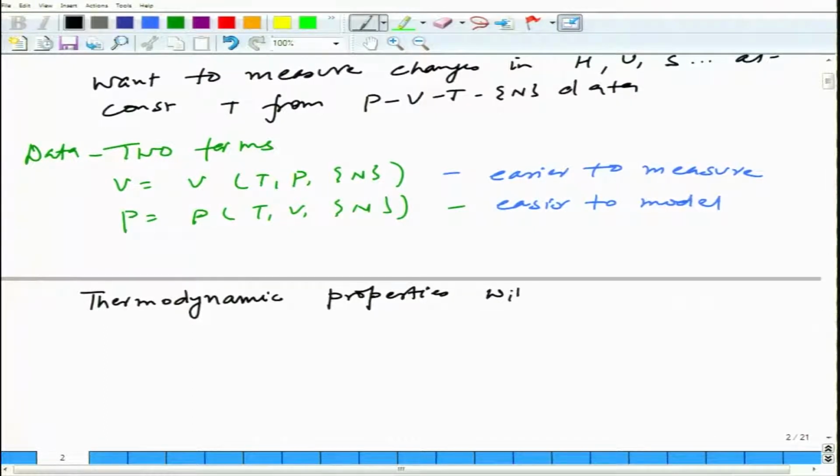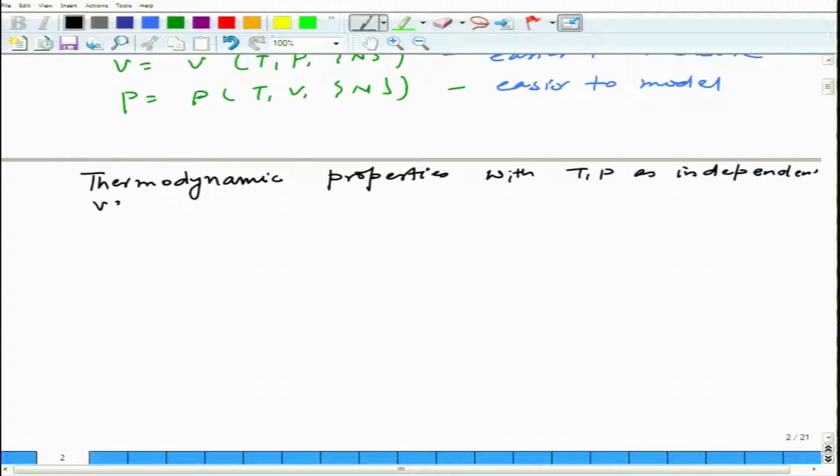So, let me start first with thermodynamic properties with T and P as independent variables. And what is our goal?